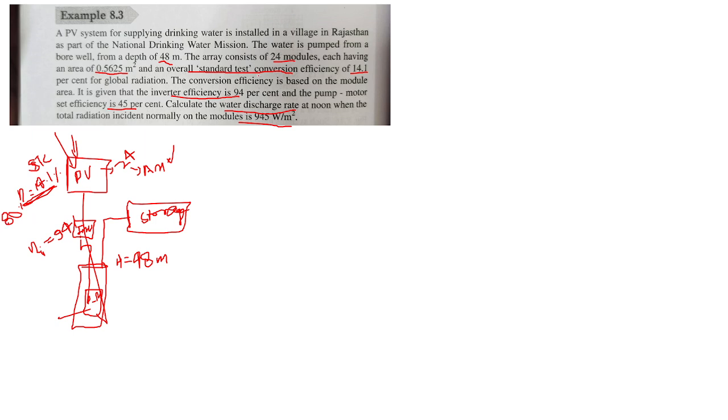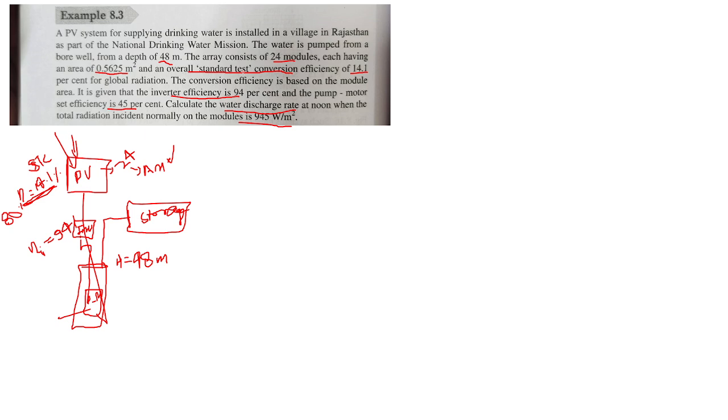In normal operating condition, we are not always operating at 1000 watt per meter square and 25 degrees Celsius. Due to higher temperature and flux variation, there are more losses that we need to consider. Thereby I have considered that the actual conversion efficiency is 80% of the conversion efficiency at STC condition.